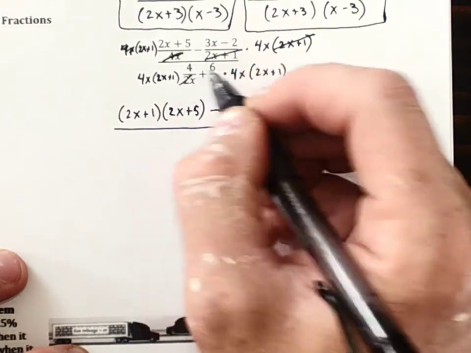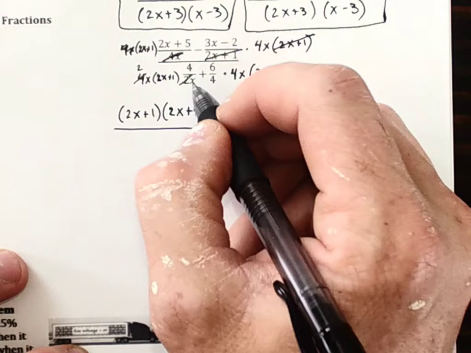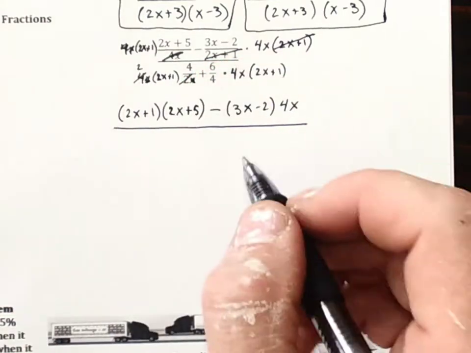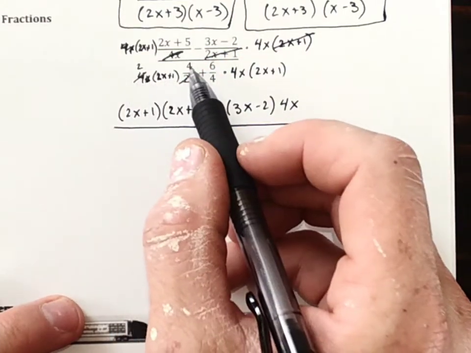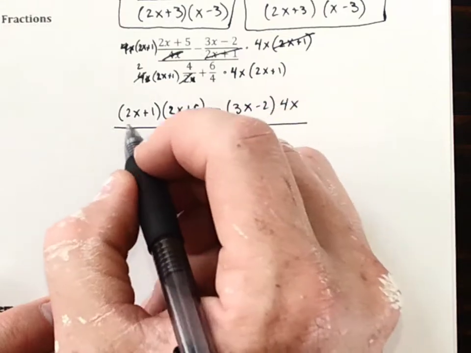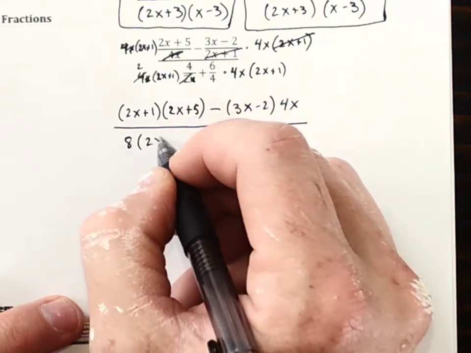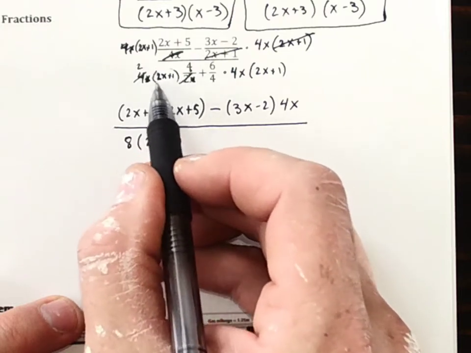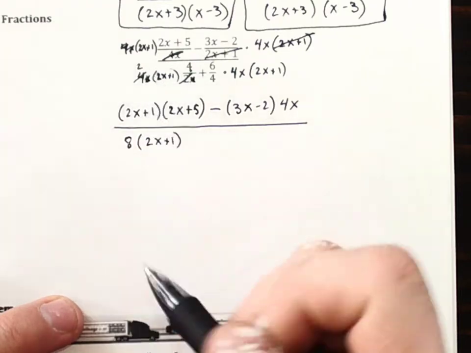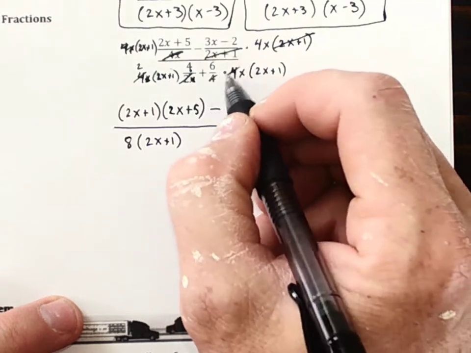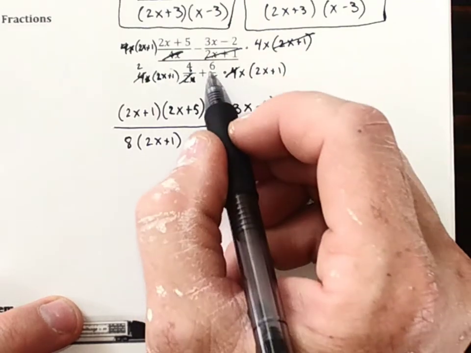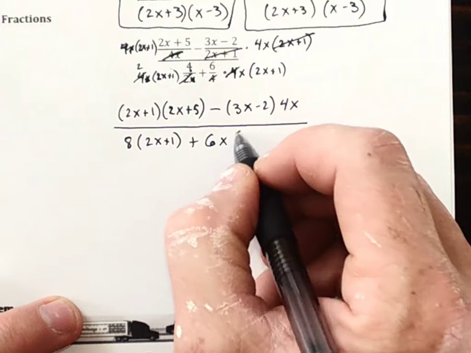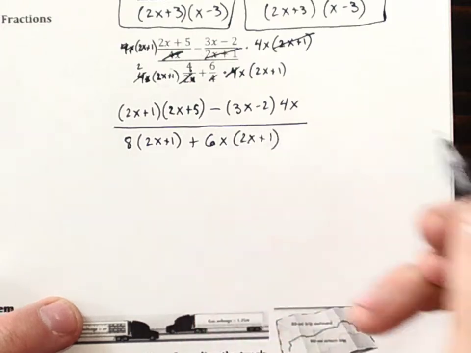The 2 makes this 4 a 2, and the x gets rid of the x. So you have 2 times 4, which is 8, times 2x plus 1. So that 2 gets multiplied to the 4, but it also still gets multiplied by the 2x plus 1. The 4 gets rid of the 4, leaving 6x times 2x plus 1.